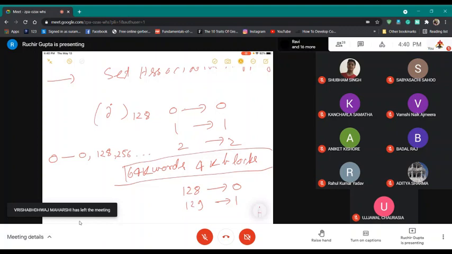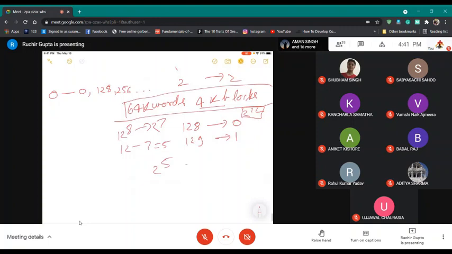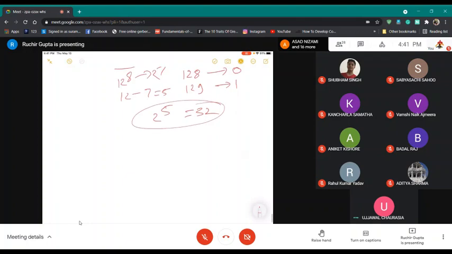Okay. So 4K means 2 raised to the power what? 12. And 128 means 2 raised to the power 7. So 12 minus 7 is equal to 5. So 2 raised to the power 5 is equal to 32. Fine? Is it okay? Yes, sir.